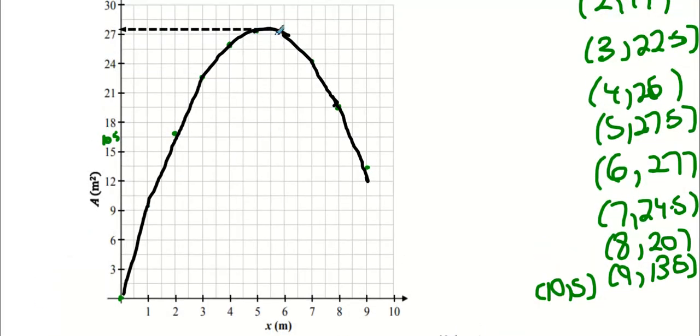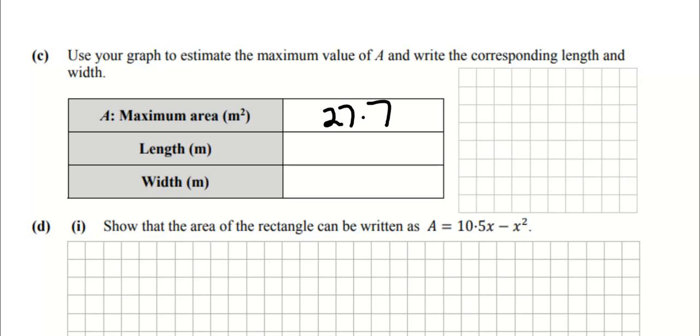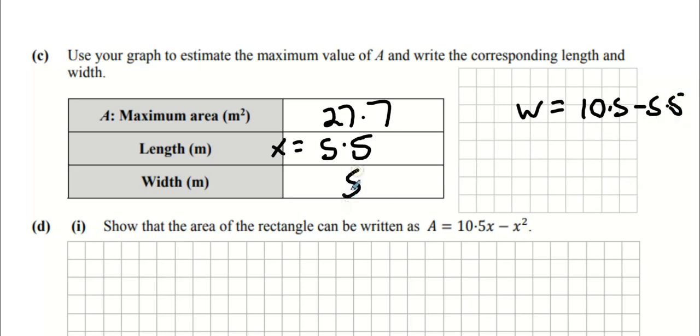So we say it happens roughly around here. And I think we're talking about a 5.5 width. Okay, so we go for 5.5 length because the x value is 5.5. And that means the width would be 10.5, take away 5.5, which would be around 5.